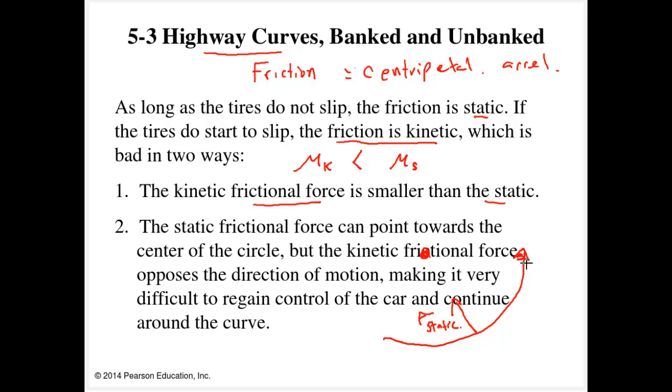But once you're using kinetic friction and you're going, say, in that direction right there, then kinetic friction is going to oppose the motion, it's going to oppose your velocity. It does not point towards the center of the circle, making it very difficult to regain control of the car and to continue along the curve, as you can see from the F1 track.